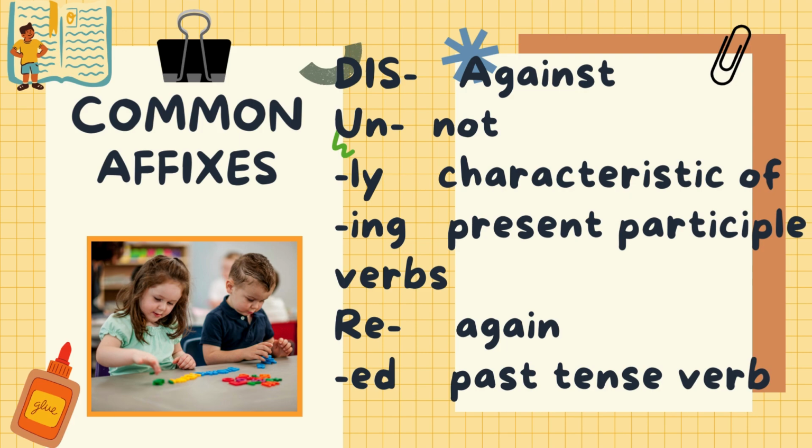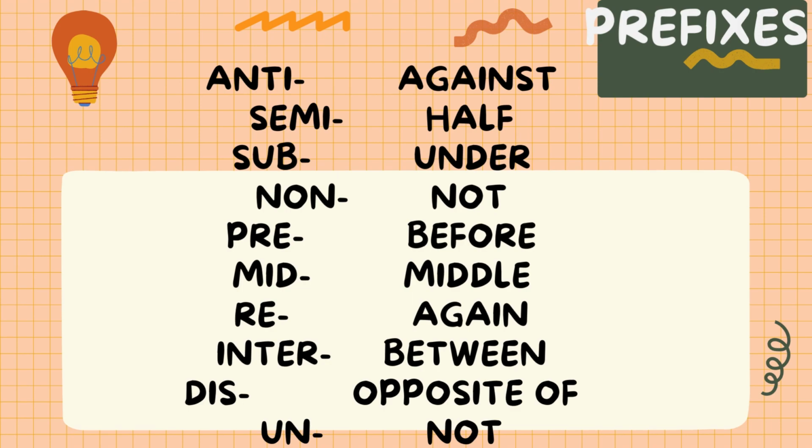Let's take a closer look at a few more examples. First, we will look at a few examples of prefixes. The first one is anti, which means against. Second is semi, half. Sub, which means under. Non, which means not.